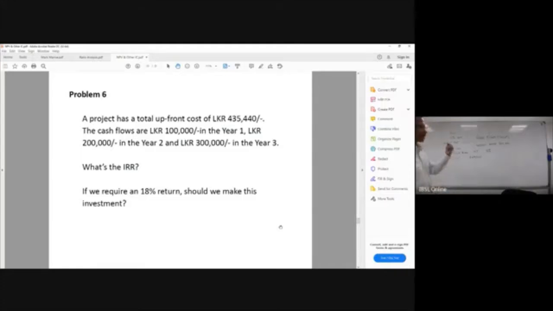And last time I told you, it is trial and error. So that's what we are now doing. We are calculating for 0, calculating for 5%, next again for 10%, and find out at what rate the NPV will be 0.